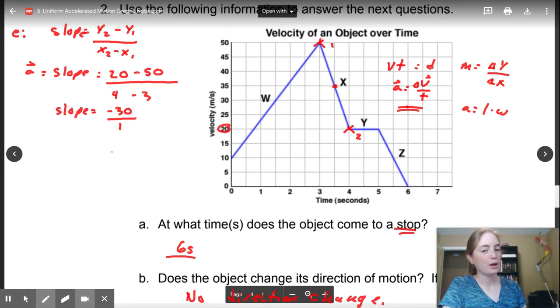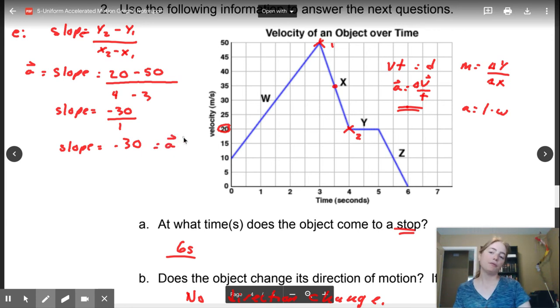So, ladies and gentlemen, negative 30 over 1 is negative 30, which equals my acceleration. If I see this, there are two things I'm going to be deducting. Where will you lose points here?